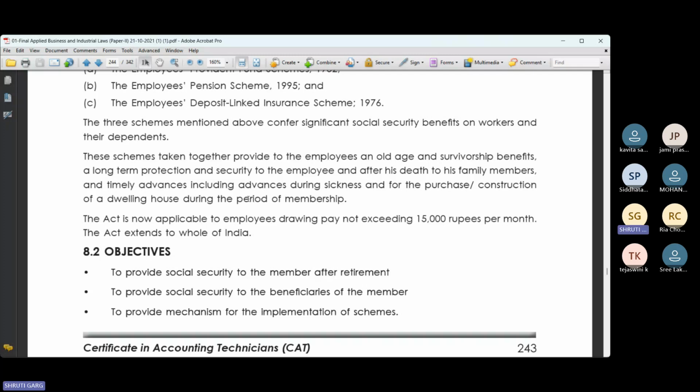This act is now applicable to employees drawing pay not exceeding 15,000 rupees per month. Now this term has been defined for the applicability. Highlight this line. This act also extends to the whole of India. Applicability to whole of India.